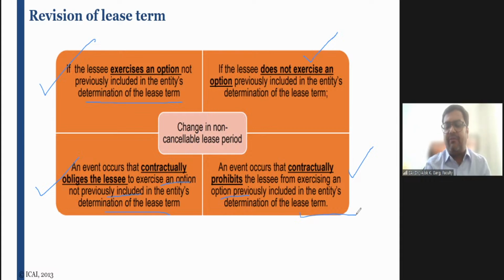You cannot do any manufacturing activity. You have to shift your factory from this place to an industrial area. Like they have the industrial area in Mangolpuri, in Bhawana, in Narela.